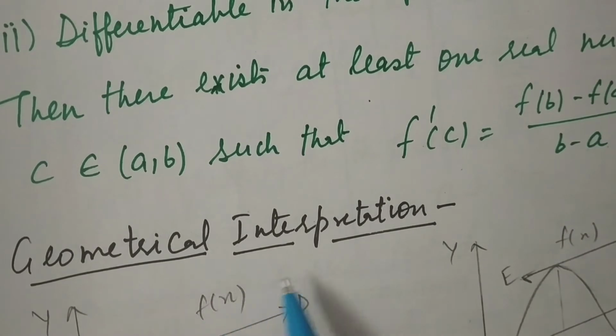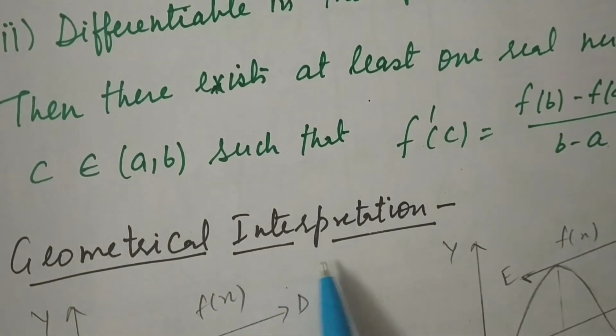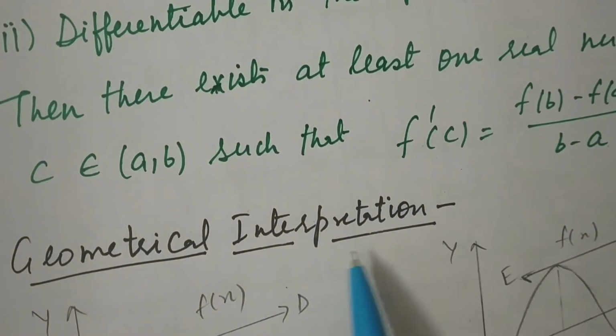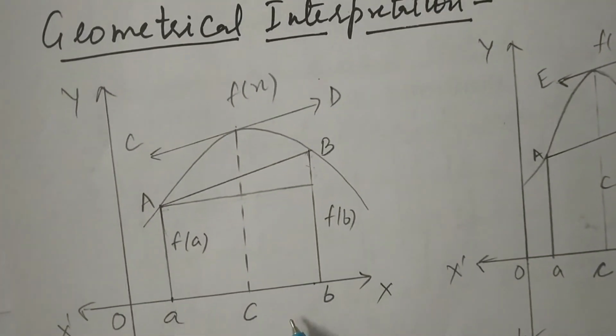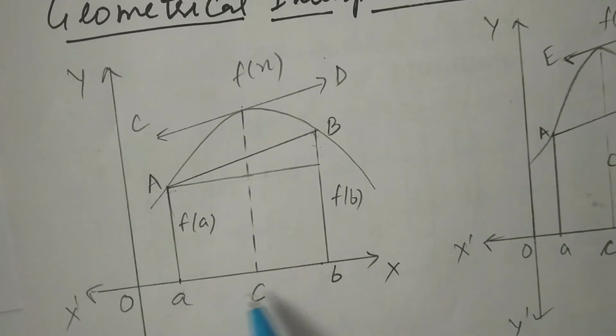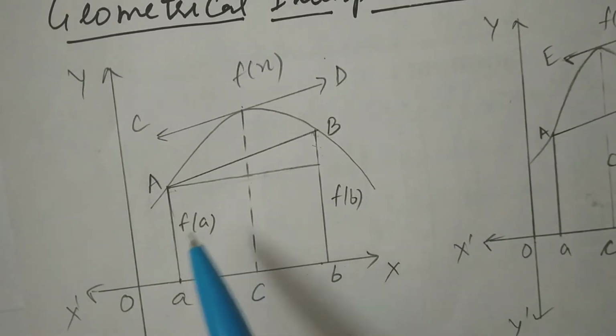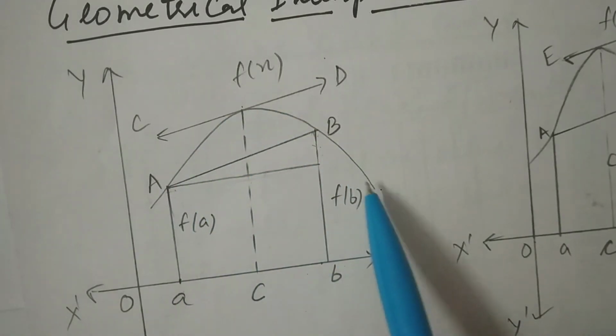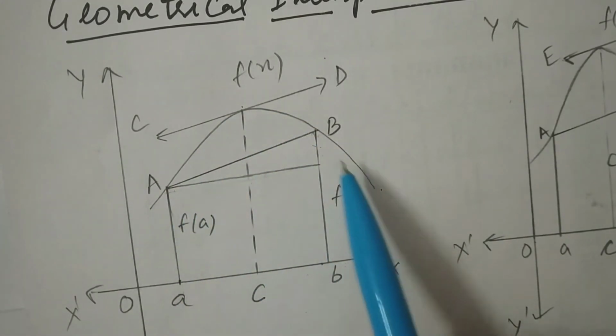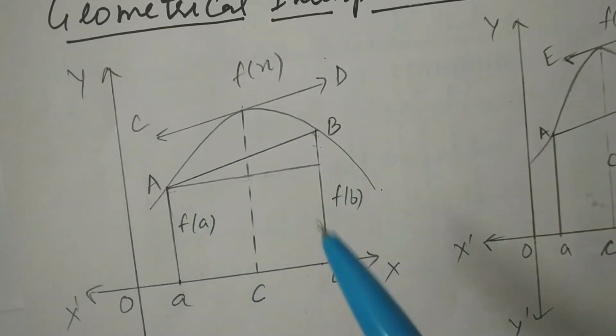Now we show here the geometrical representation or interpretation of the above said theorem. In this particular graph we can see the interval [a, b] and the function f(x) is drawn here. So it must be a continuous and differentiable function.